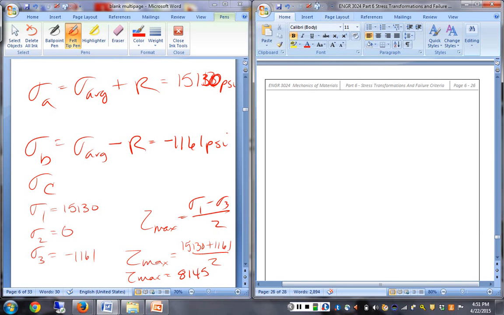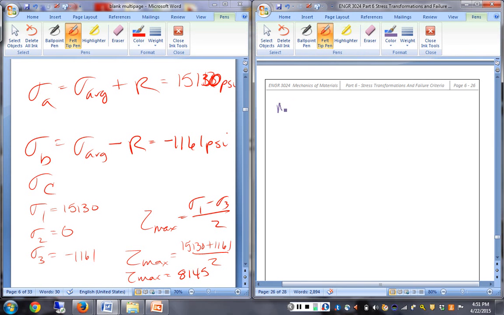Now, for the actual criteria, this is from the page on 16, the formulas, max shear failure criteria. What's my formula for factor of safety for that one? Max shear or Tresca criteria. What do I need?